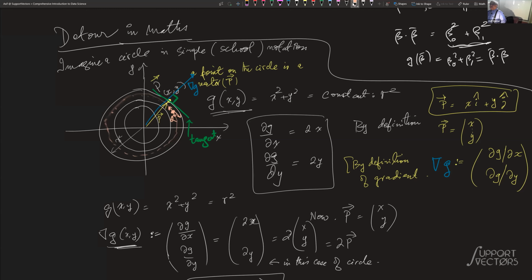In all of our stories, in all mythologies, there's a story that somebody is asked to take only 1 step, and whatever he or she can cover in 1 step belongs to the person, right? So suppose you had to take 1 such step, and you want to increase your G as much as possible. In which direction would you move? Perpendicular to the tangent. Perpendicular to the tangent, exactly.